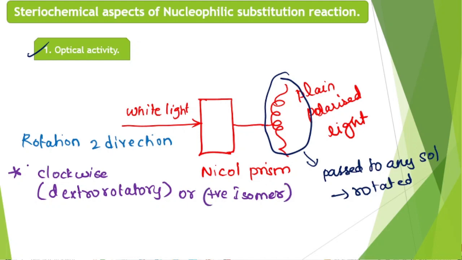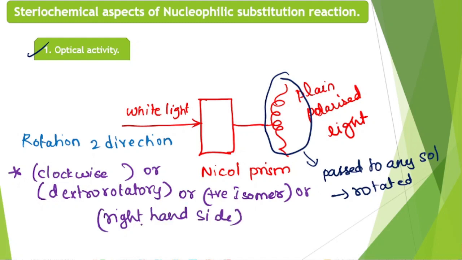Clockwise, dextrorotatory, or positive isomer, or it is also called right hand side. Okay, see, two types of direction it has. If it is a clockwise direction, then it is also called dextrorotatory, positive isomer and right hand side.